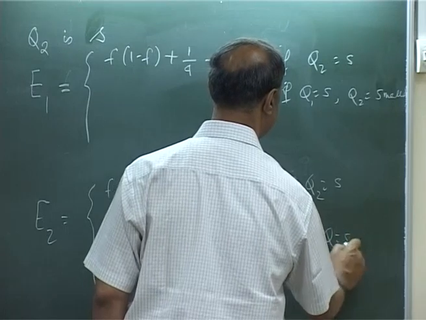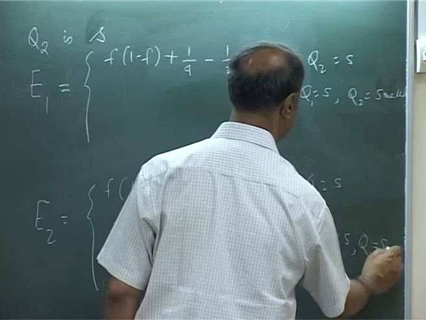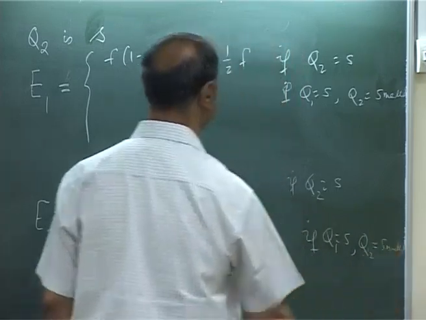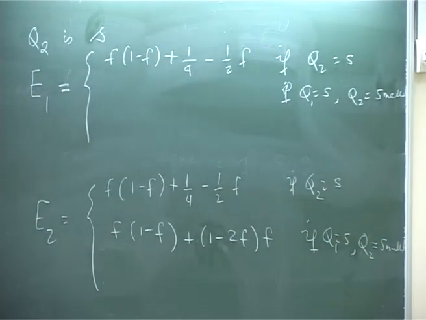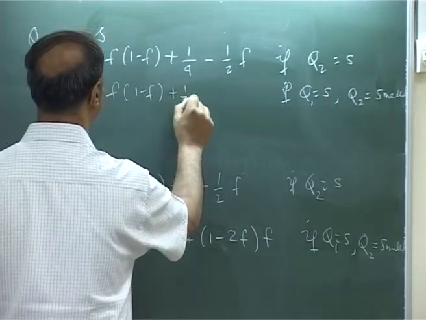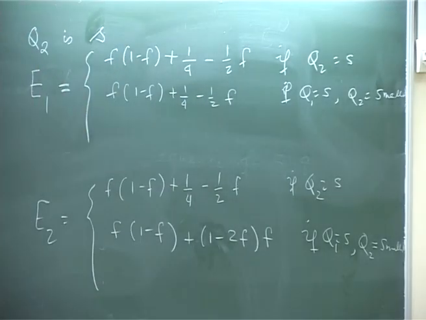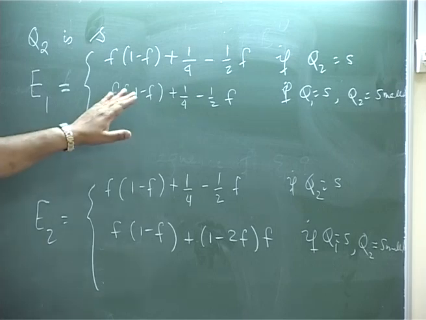If Q1 is S and Q2 is smallest, on this side it is same. F into 1 minus F plus 1 by 4 minus 1 by 2 F. Now if Q3 is the smallest or the second largest element and Q2 is the smallest, then the result is same.